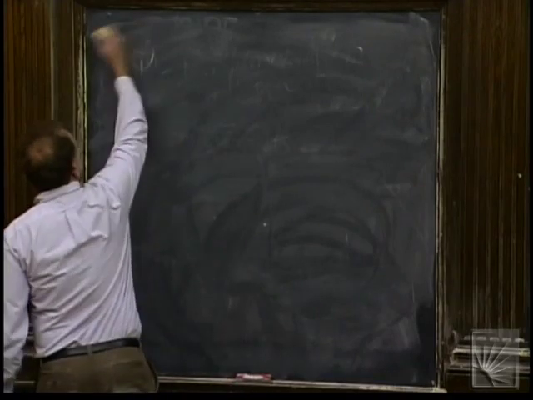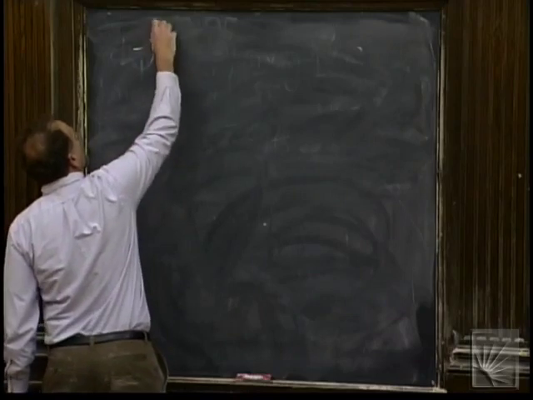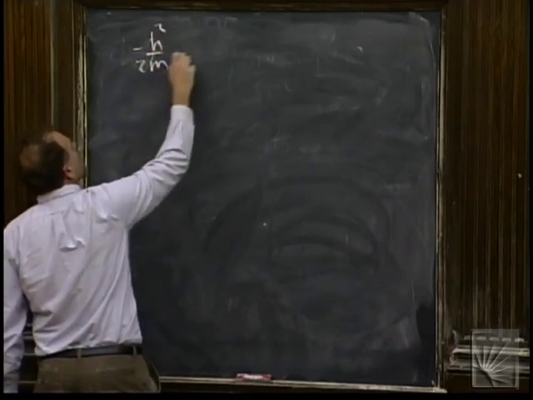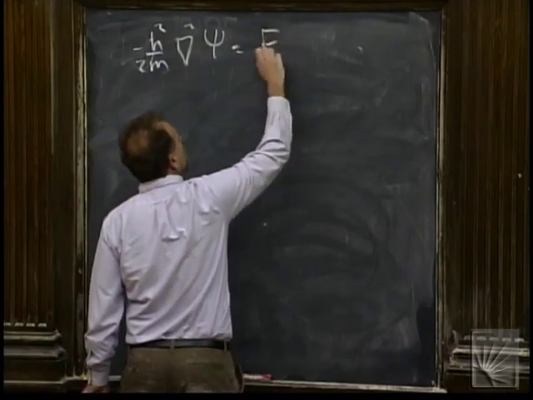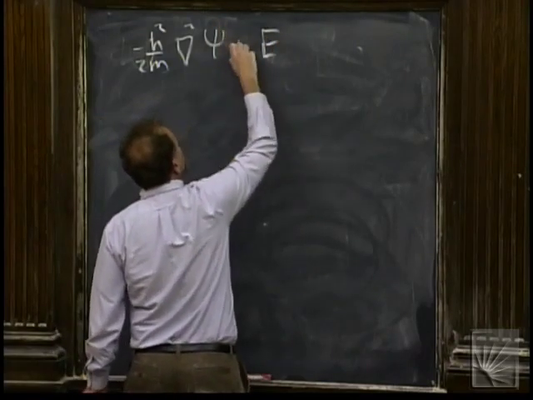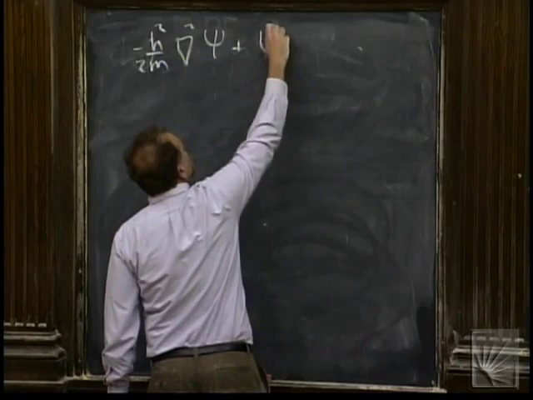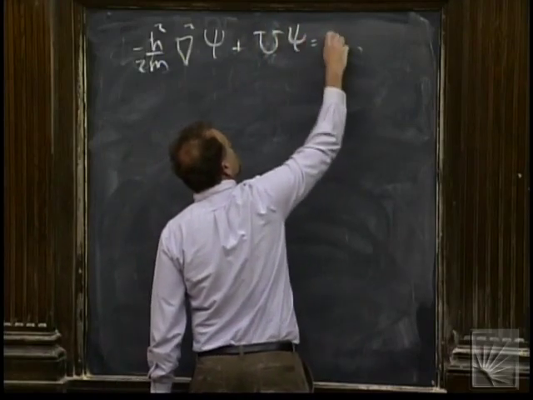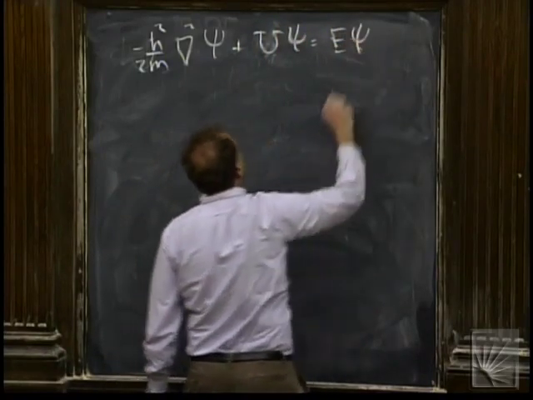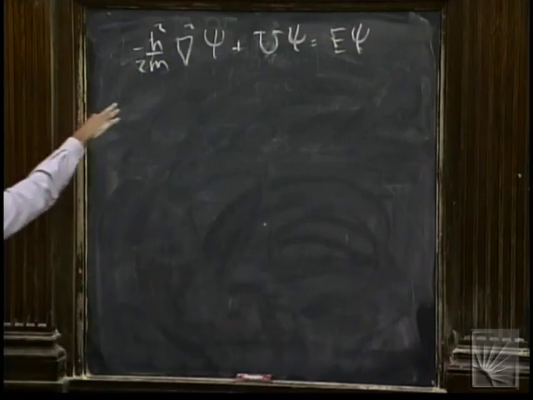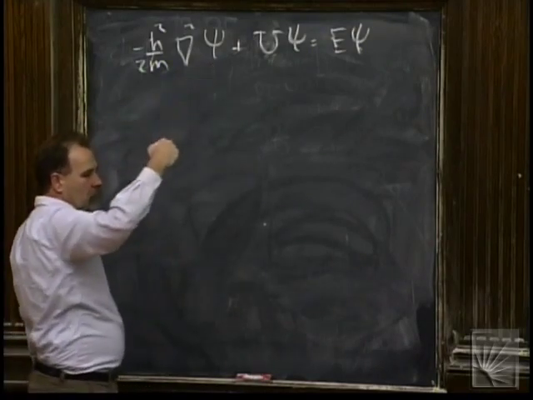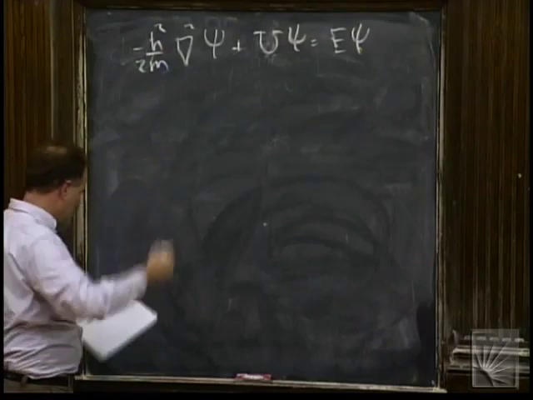So remember, what I had was minus h bar squared over 2m del squared psi plus u psi equals e psi. I wrote what del squared was in r, theta, phi. I wrote psi equals R of r, Theta of theta, Phi of phi.